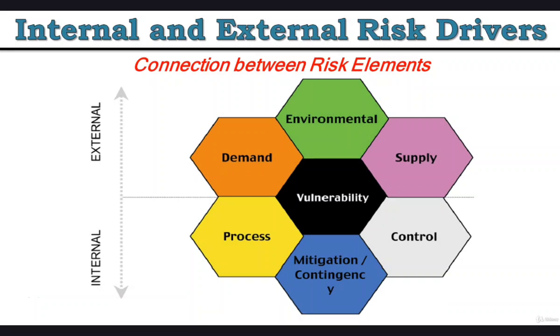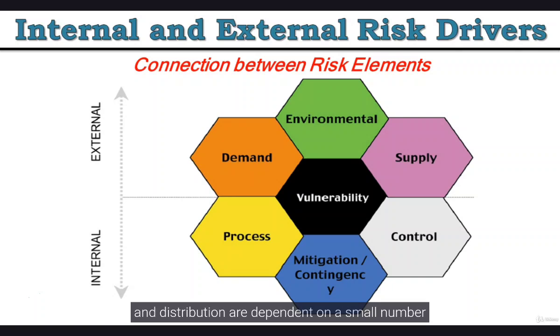First, demand risk. Many companies in manufacturing and distribution are dependent on a small number of customers for a large part of their revenue. The loss of these customers, highly volatile ordering patterns, or delays in new products, call-offs, represent serious risks for these companies.